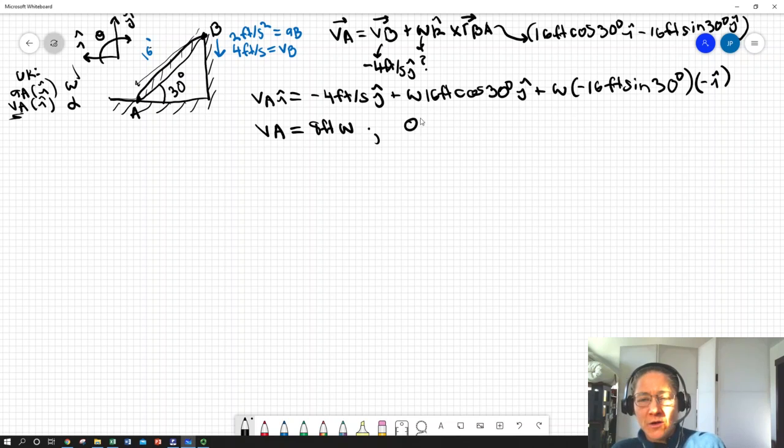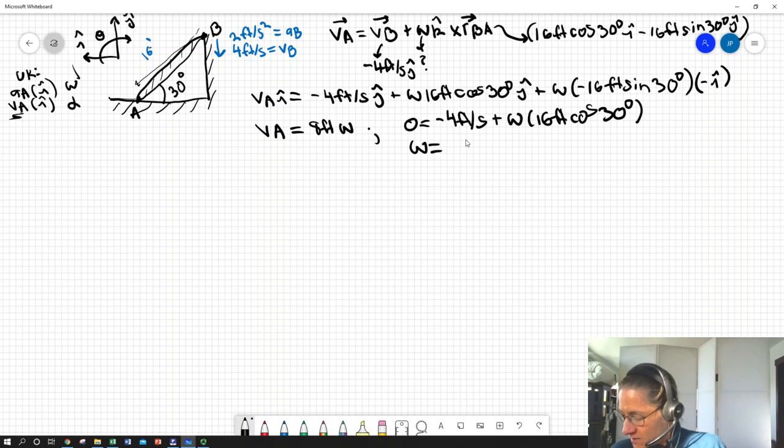So I can say 0 equals negative 4 feet per second, referring to my notes for my calculations so I don't have to do those again, plus omega times 16 feet cosine 30 degrees. So solve for omega, the angular velocity, and I get 0.2886, give or take, radians per second.